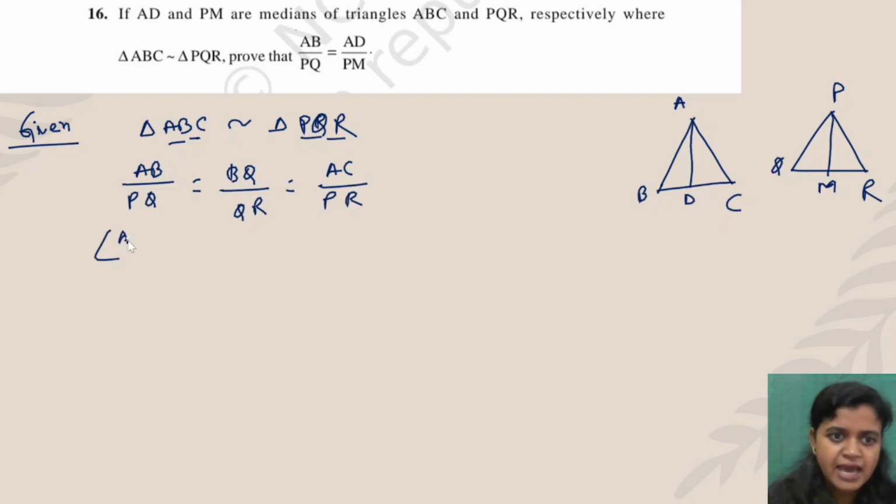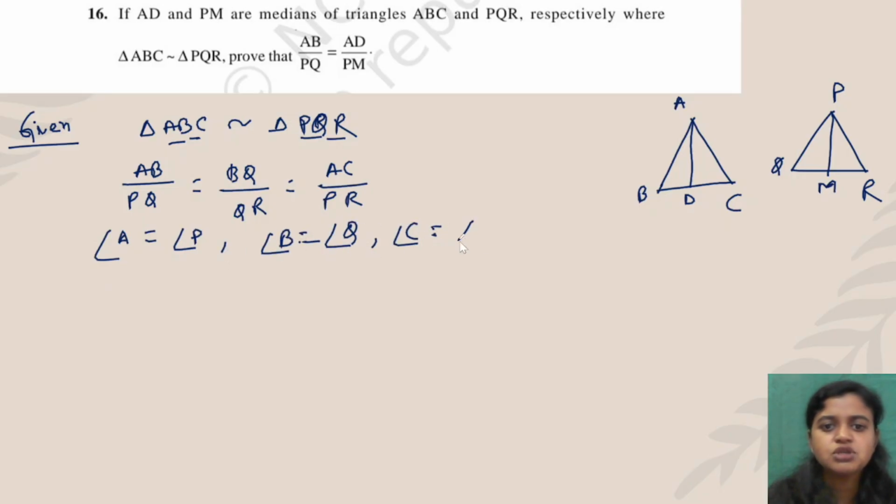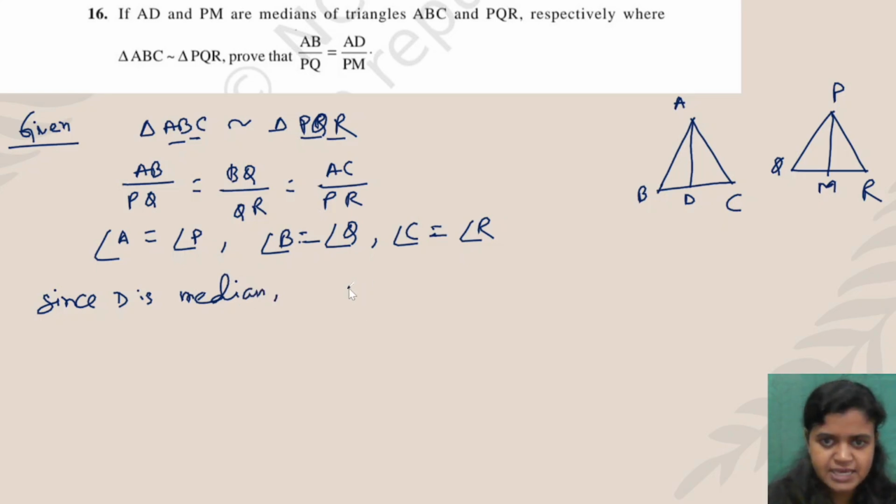Also we can say angle A equals angle P, angle B equals angle Q, and angle C equals angle R. Now since AD is a median, D is the midpoint of BC, so BD equals half of BC, because BD equals DC.